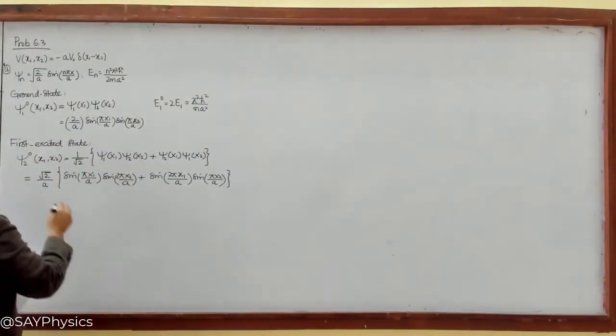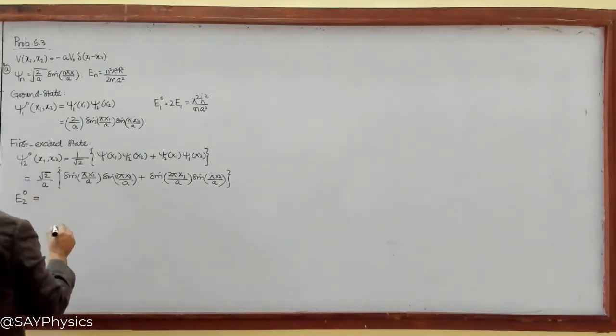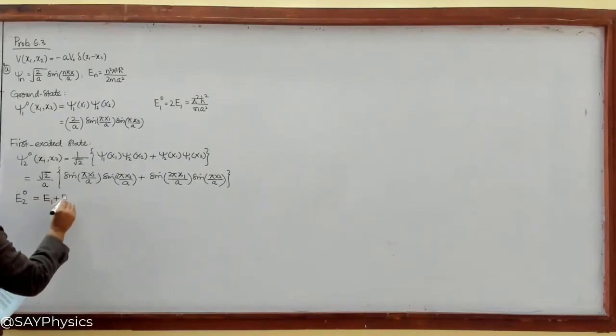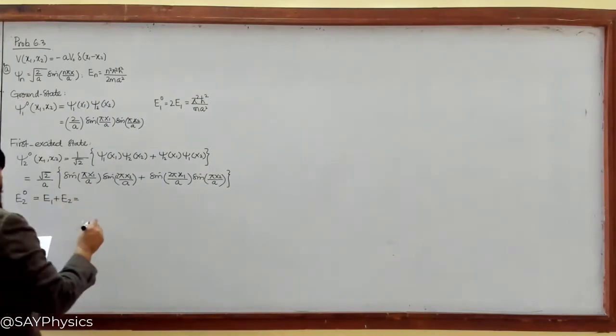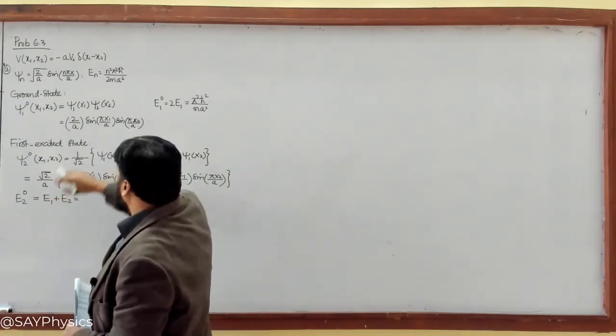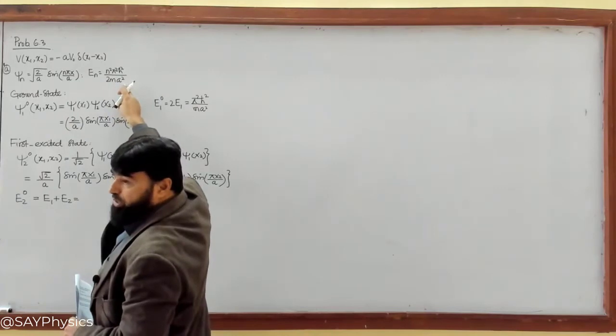And what about the energy here? Now the energy here is E20, meaning the first excited state energy, and it is equal to the energy of 1 plus the energy of 2. When n is equal to 1, you will get pi square h bar square over 2ma square.